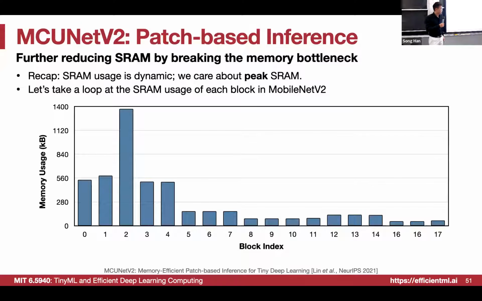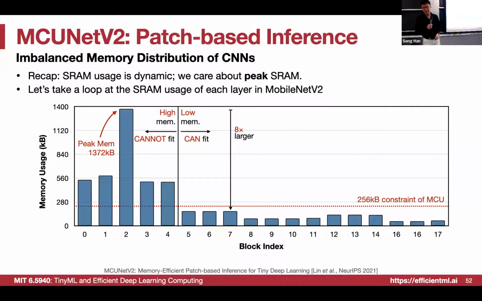Is everything solved? What is the remaining problem? If you plot the distribution of the activation memory, we can still find pretty big spikes in the first couple of stages, and then the activation becomes very small. That's a big imbalance. This is the 256 kilobyte constraint on a microcontroller.